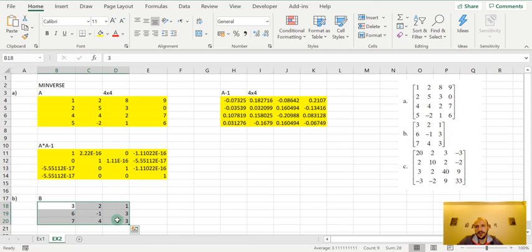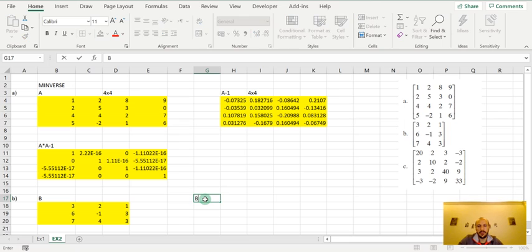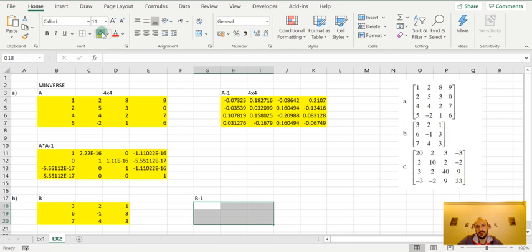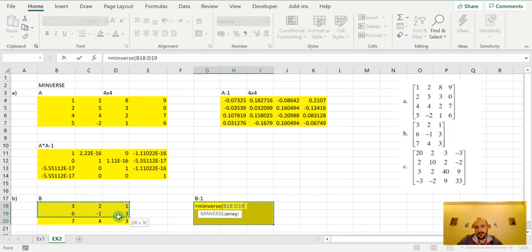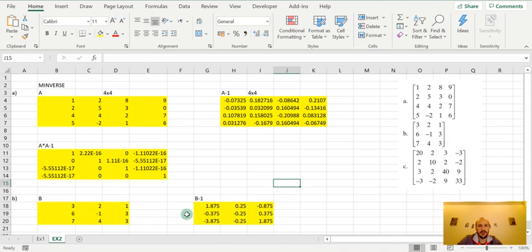So again here we have this matrix, and we will calculate B minus 1. It will also be a 3 by 3 matrix, so our result will be here, equal M inverse, open the bracket, select the matrix that you would like to calculate its inverse, and enter, and voila, you have B minus 1. Okay, this was exercise 2.